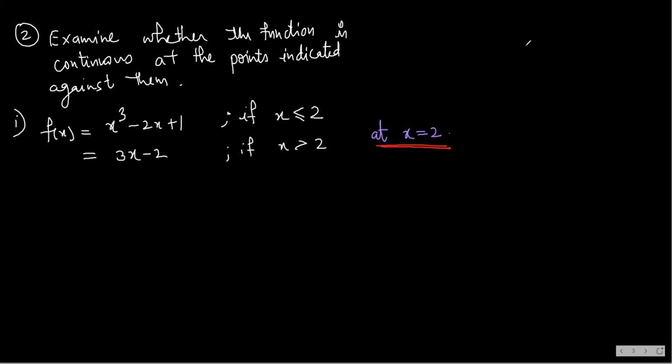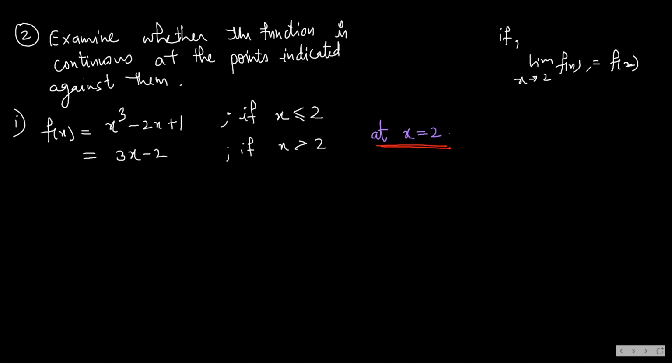So I will once again do the same thing. I will write the definition of continuity of f of x at x equals to 2. I know a function f of x is said to be continuous at x equals to 2 if limit f of x, x tends to 2 is equal to f of 2.